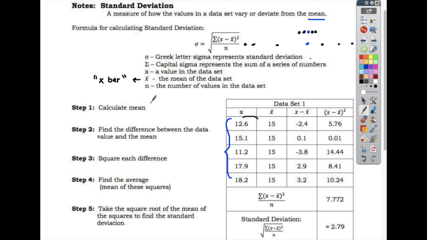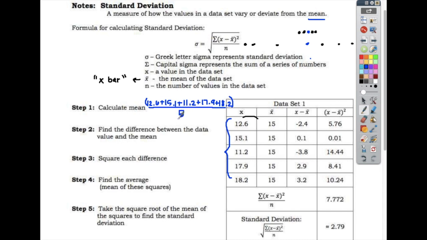So on this one, we would do 12.6 plus 15.1 plus 11.2 plus 17.9 plus 18.2. And then we need to take all of that and divide by, we have 1, 2, 3, 4, 5 numbers in this set, so 5.